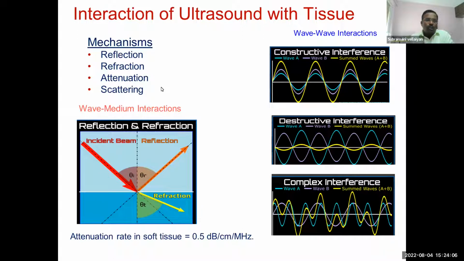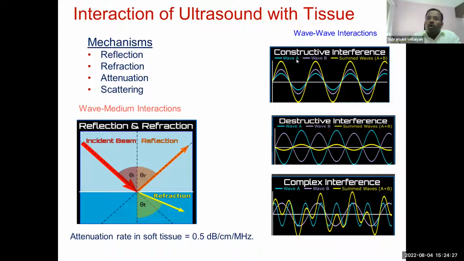Attenuation is absorption and scattering. Scattering is when the ultrasound beam is redirected in multiple directions.